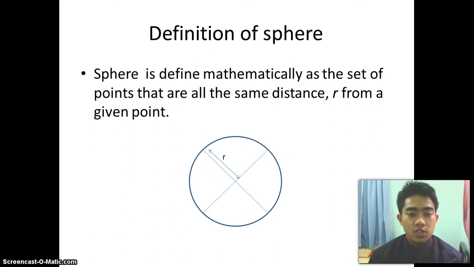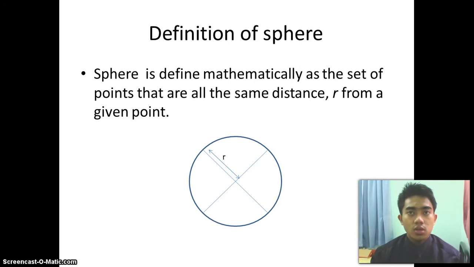Then the definition of sphere. Sphere is defined mathematically as the set of points that are all the same distance r from a given point. That means from the middle of the sphere to the outside of the sphere, it will be given as r, and it will be fixed at one number.